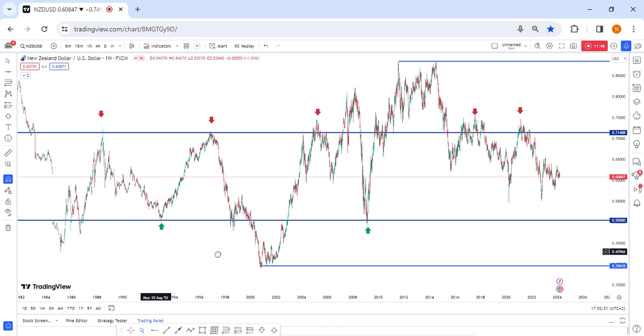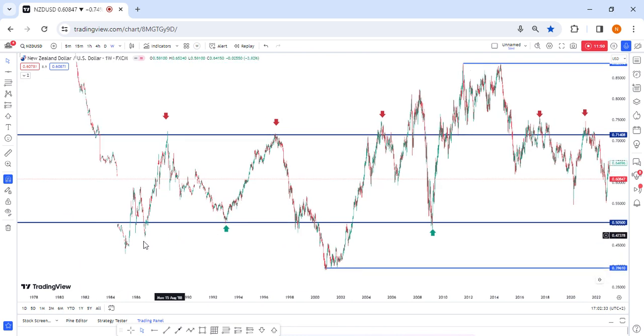Okay. Giving us an idea that this could actually be a valid support or floor where price will be drawn to and will react accordingly. As you can see, we saw one, two.